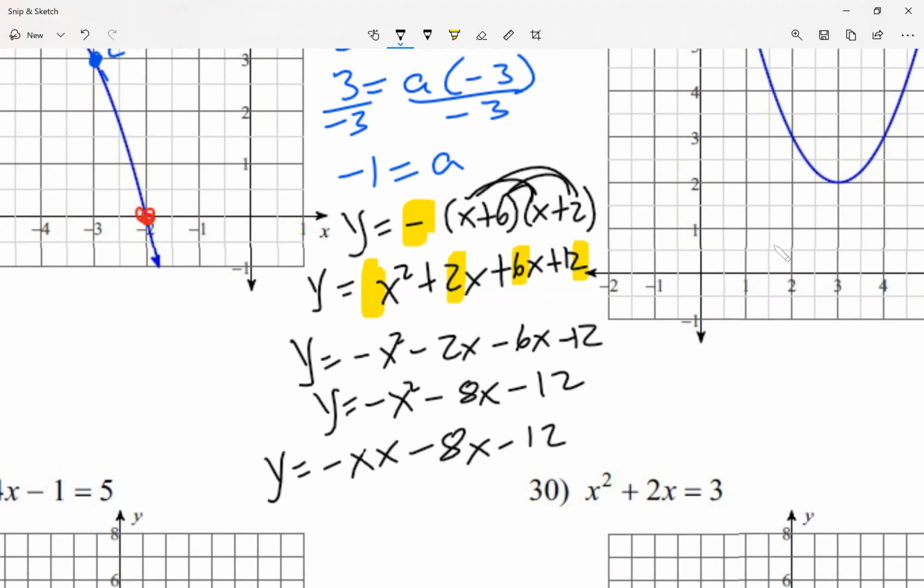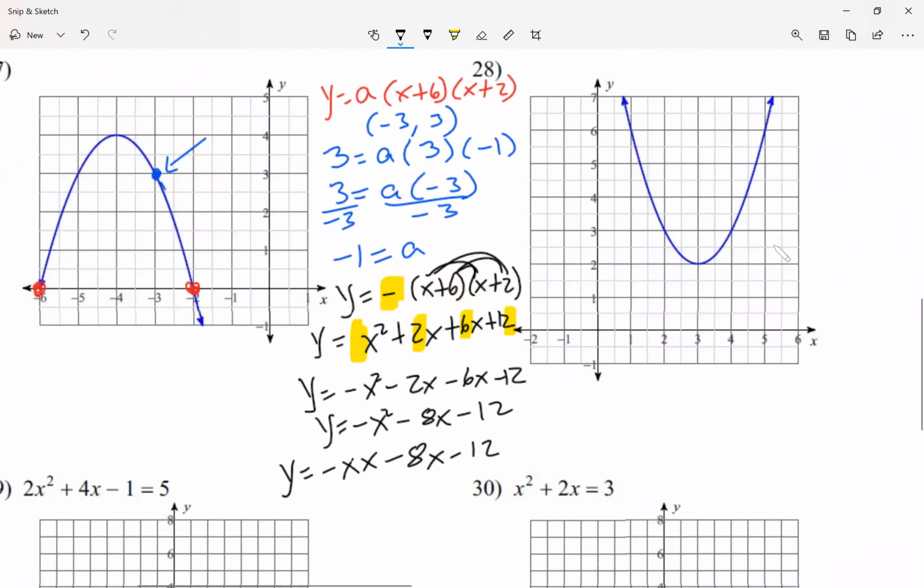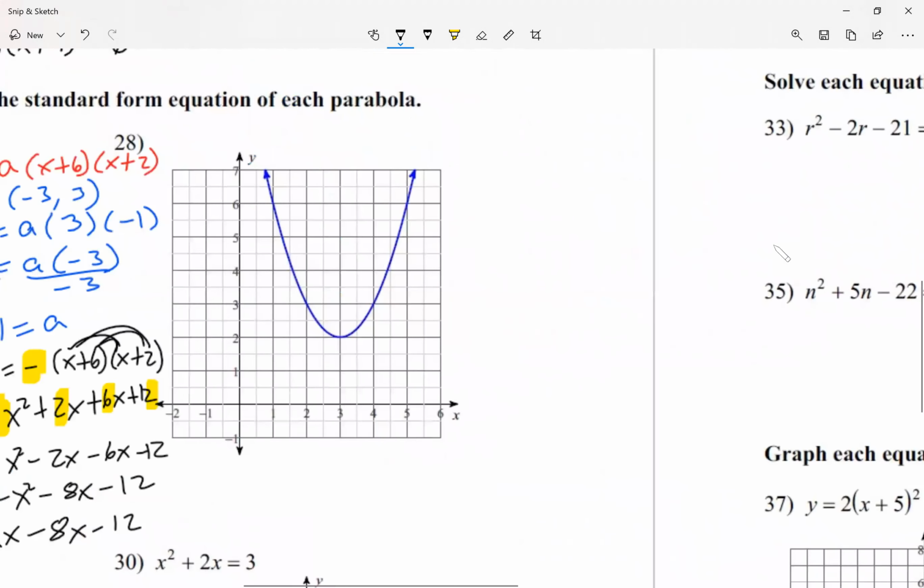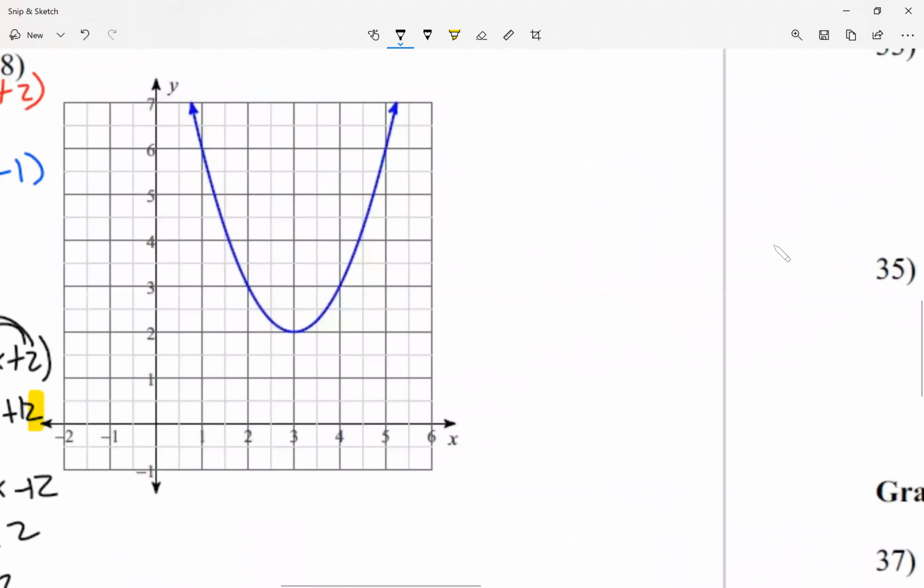Standard form is a little lengthier. That's if we started from the intercept form. Now, looking at number 28, I'm not going to be able to use intercept form because I don't cross the x-axis. So in this case, I will have to use vertex form. My vertex is the point 3, 2.